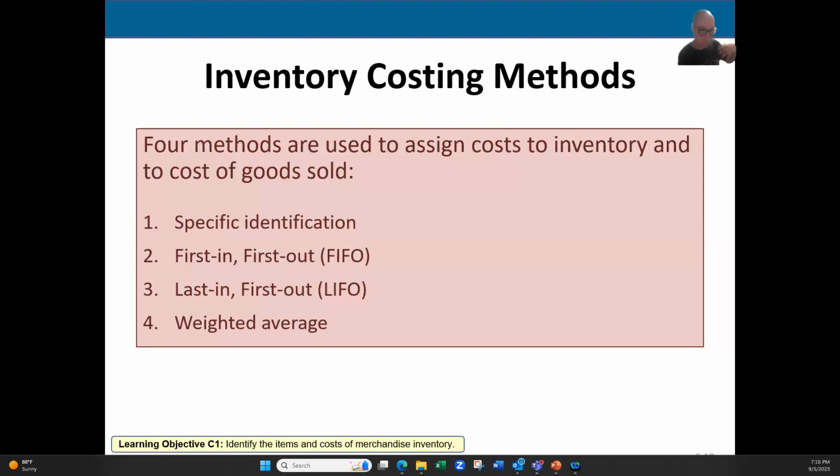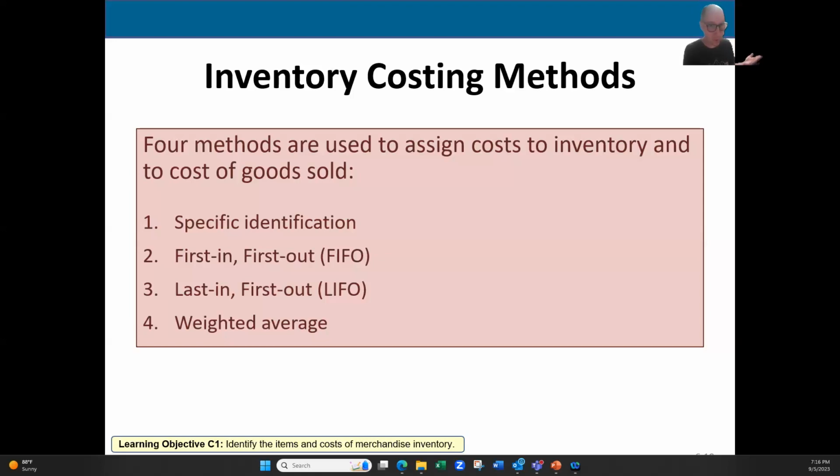First in, first out. Think of a grocery store. They have the oldest stuff up front. Why? Because that's what they got in first. They want to get it out first.